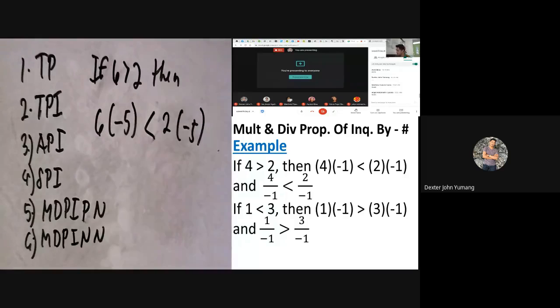What property is that? Take note, this is a negative number. Tapos nag-change ang symbol. What property is that? Okay, post your answer now on the chat box, please.